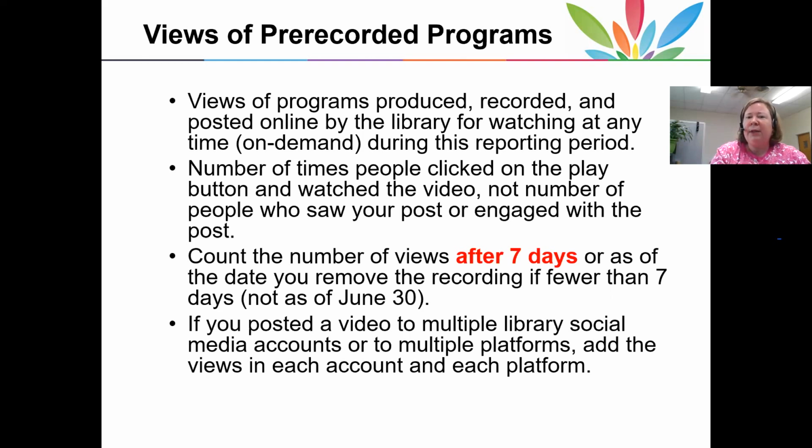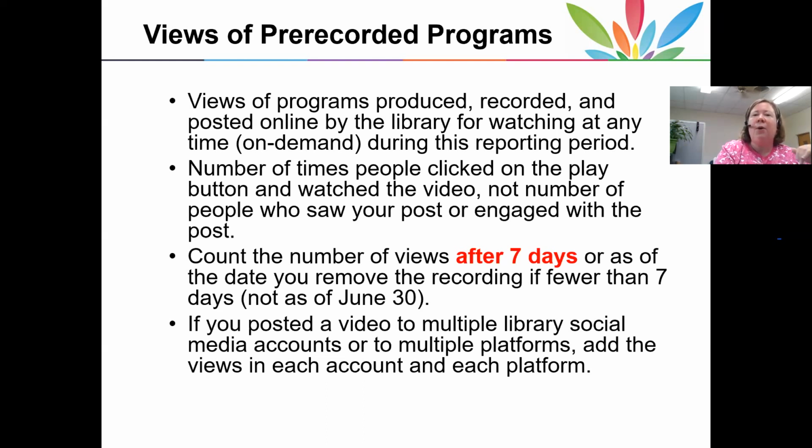Now, this third bullet point is a big change that came from IMLS this year. Going forward, right? So starting July 1st, count the number of views after 7 days, or if you take that recording down sooner, count it when you take your recording down, but not as of the end of the fiscal year. So the data that you're going to send me in this year's annual report, you've probably been counting the views after a month or after the end of the fiscal year.